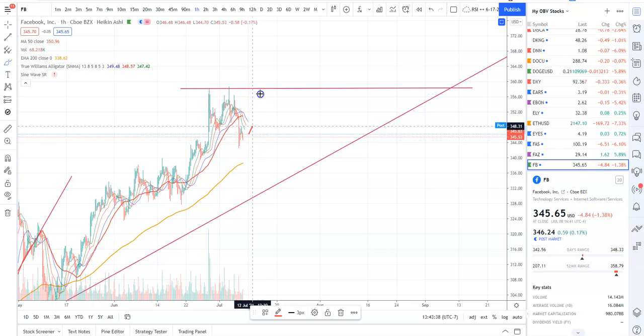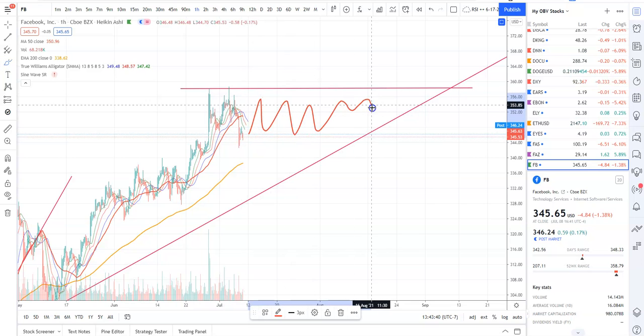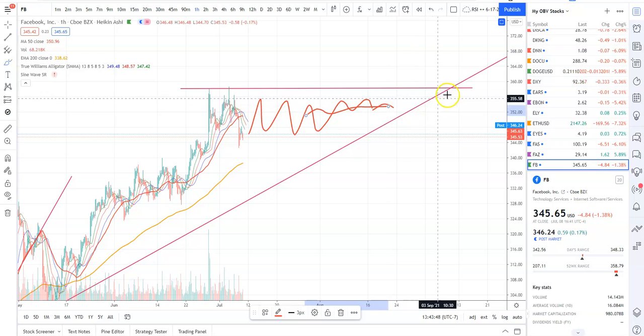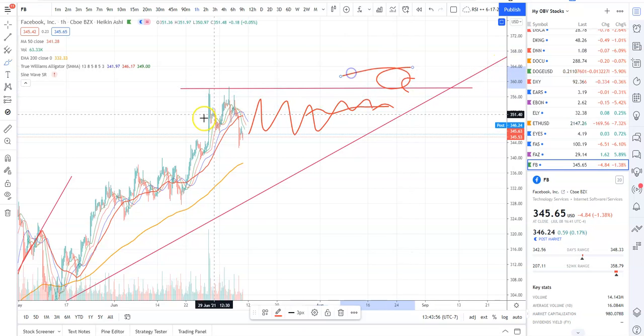So Facebook certainly could play into this sideways choppy movement for the next week and change, if not a little bit longer, to meet this minute support trend line to the upside, and finally breaks out somewhere in this zone. Sideways choppy is what it's looking like to me in Facebook.